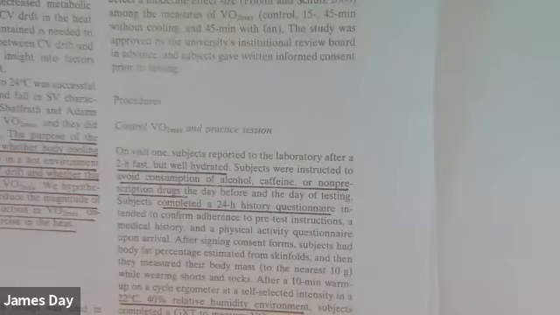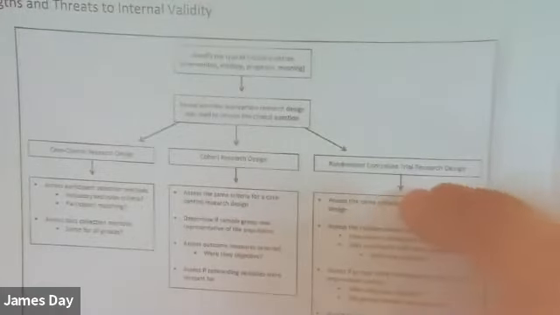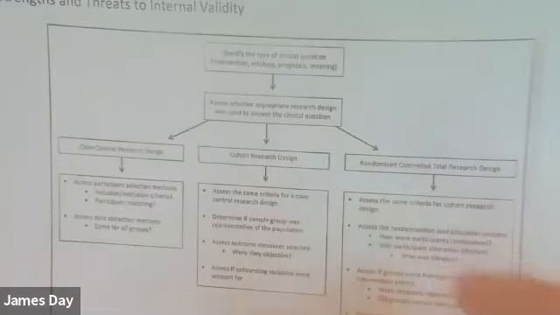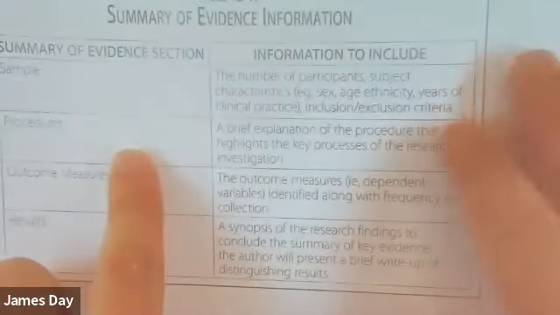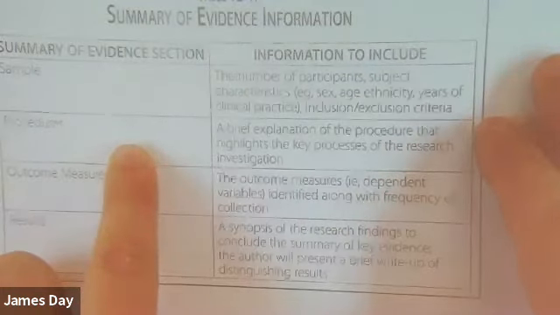Now, the one thing to consider when you're going through with this is we also will be writing about threats to internal validity, right, as well as strengths. So in the section here, where we're talking about the procedures, we just need to describe what basically happened.